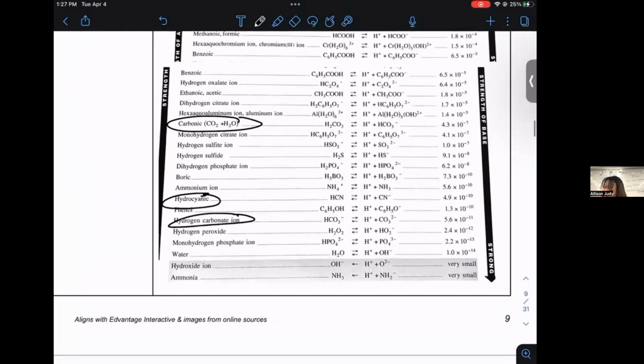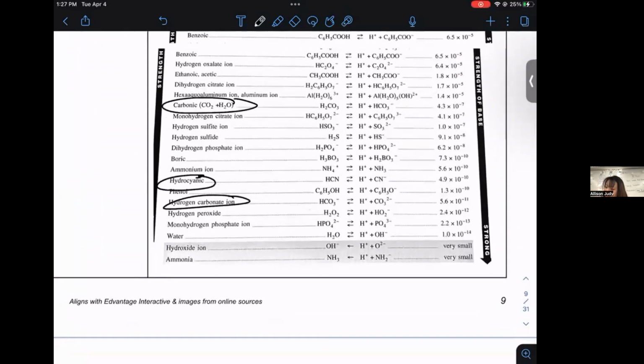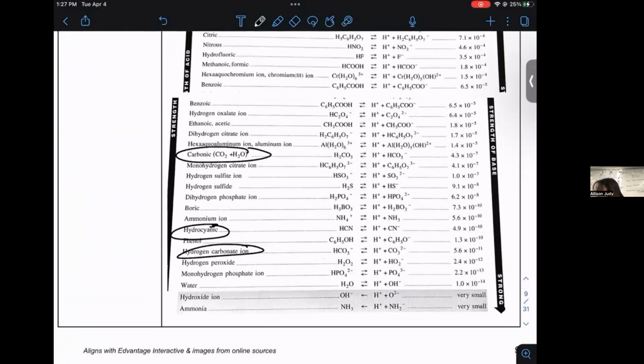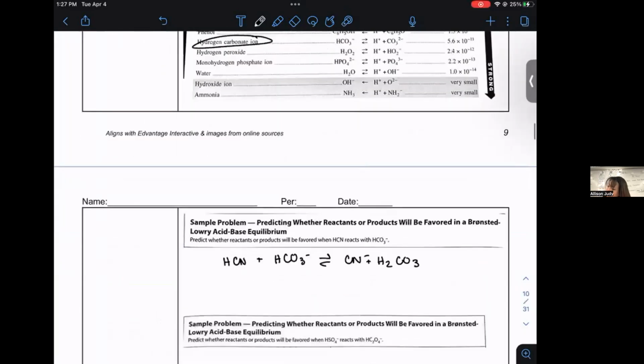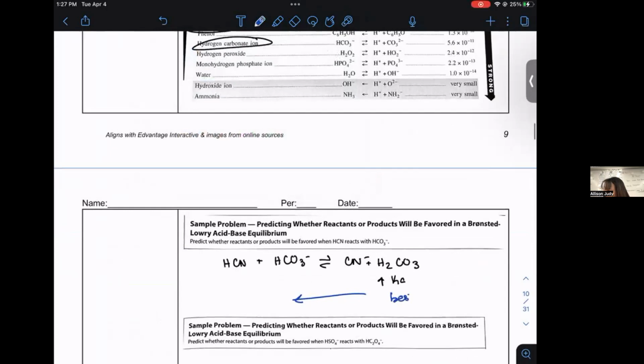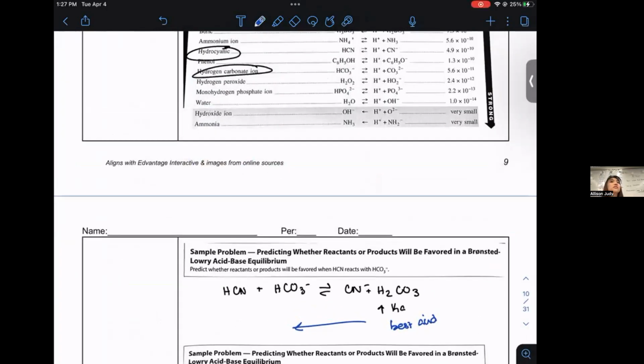H2CO3 is the better acid. It has the highest Ka out of all of these. It has 10 to the -7. Everybody else has 10 to the -10, 10 to the -11. So we would say that because H2CO3 has a really high Ka, the reaction direction favored is the reverse, because this is the best acid out of all of the acids available to us.